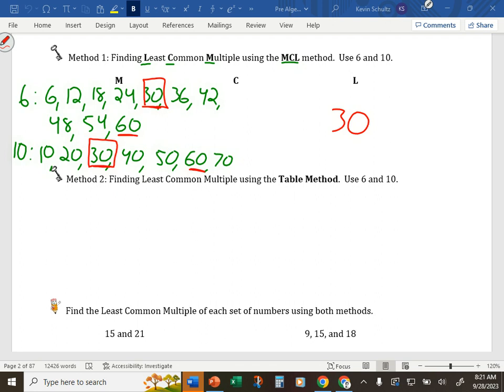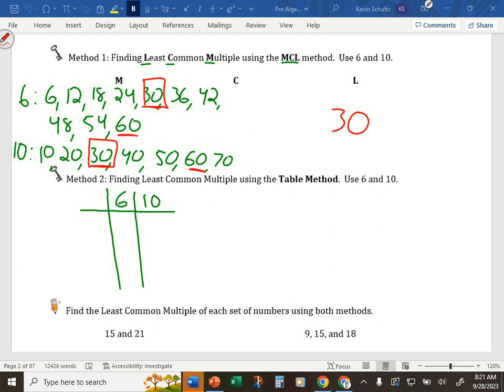Okay? The table method now, again, similar to greatest common factor, we've got 6 and 10. So we're going to make our table with 6 and 10 here. And just like greatest common factor, we want to pull out a common factor that the numbers have.